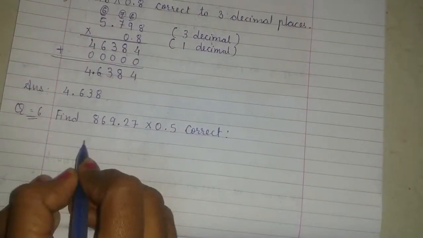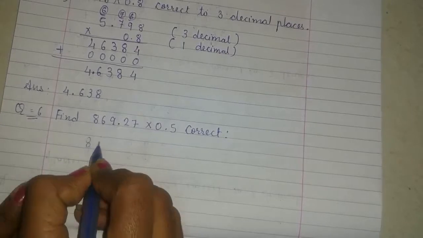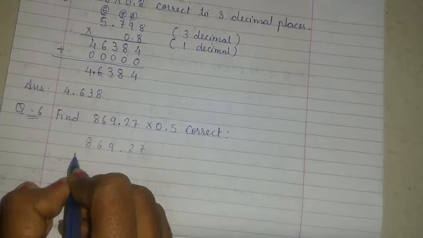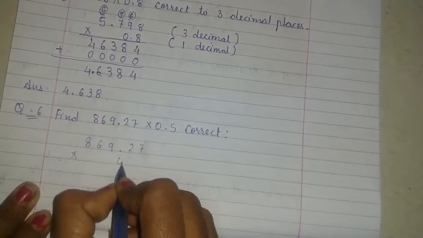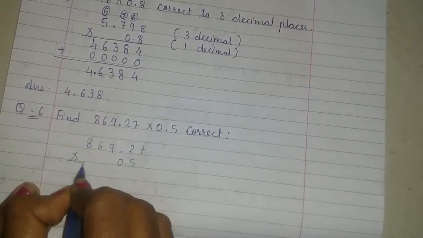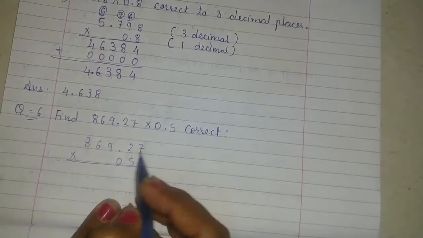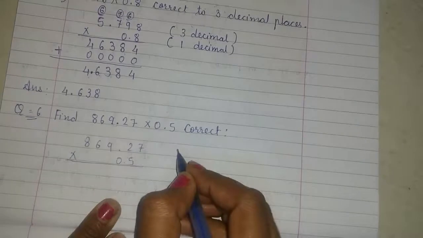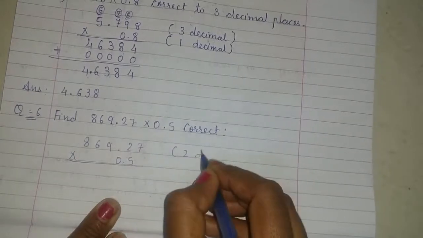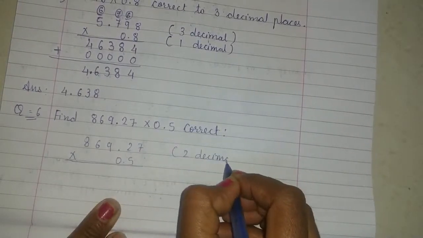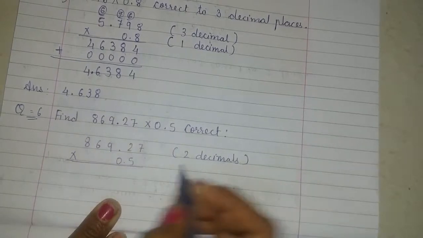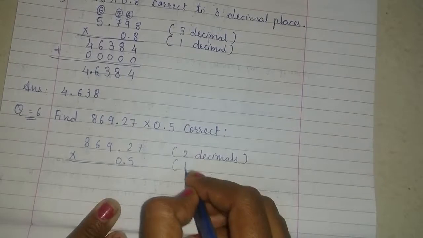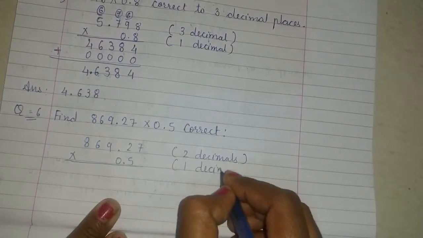So here we'll write 869.27 multiply by 0.5. So first students will see before how many digits there is a point. Yes, 2 digits. So here we'll write 2 decimal. Okay, now here before 1 digit there is a point. So we'll write 1 decimal.